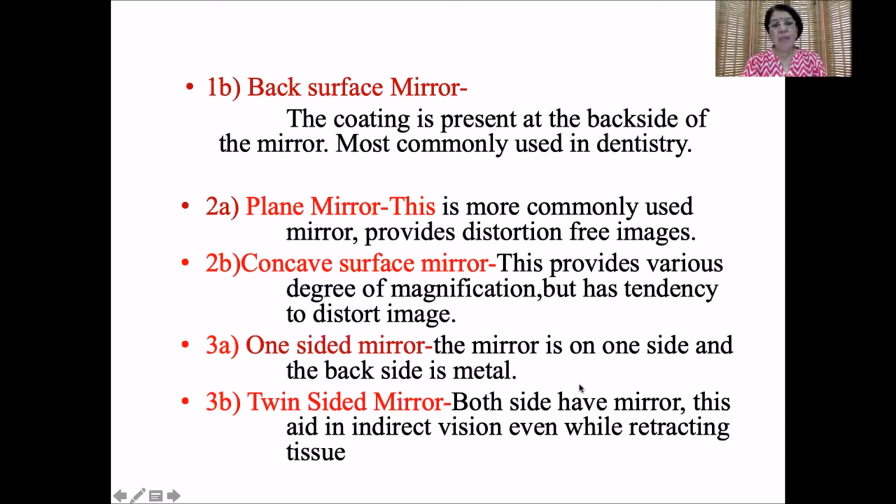Then you have a one-sided mirror, where the mirror is on one side and the back side is metal. This is the one you are using in your pre-clinics also. Then you have a twin-sided mirror, where the mirror is towards the surface you are visualizing, and the back side, where you generally have the metal part, also has a mirror finish.